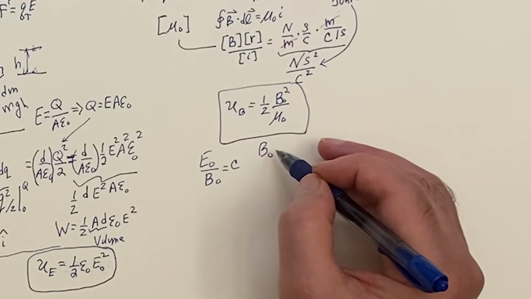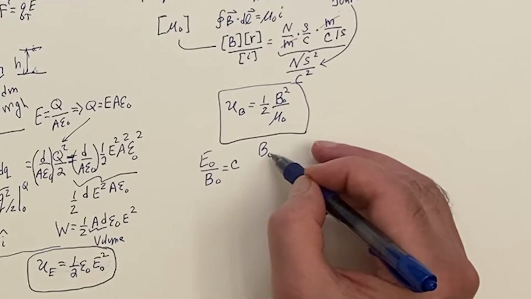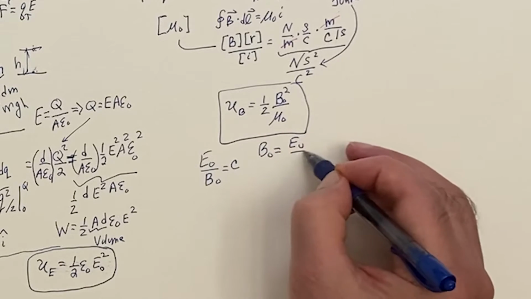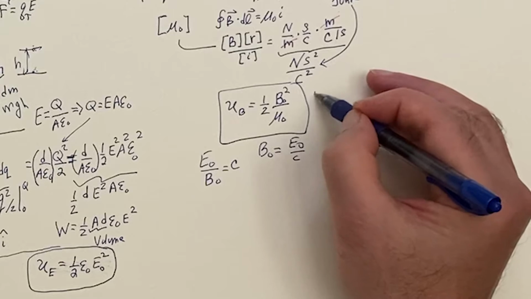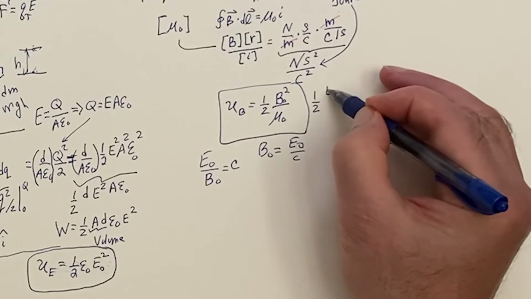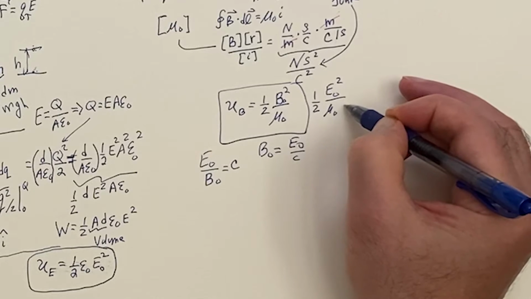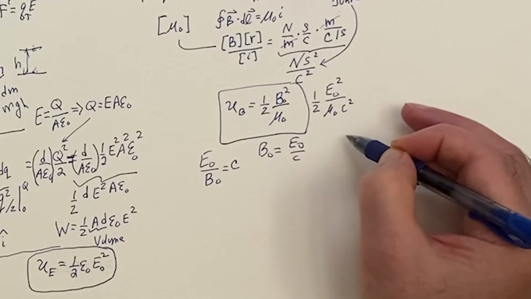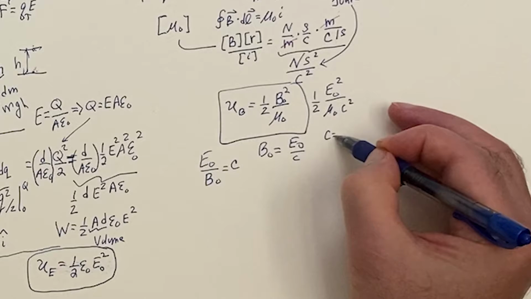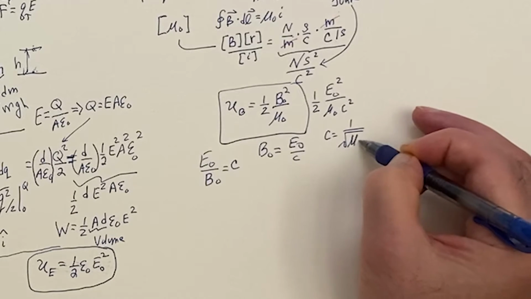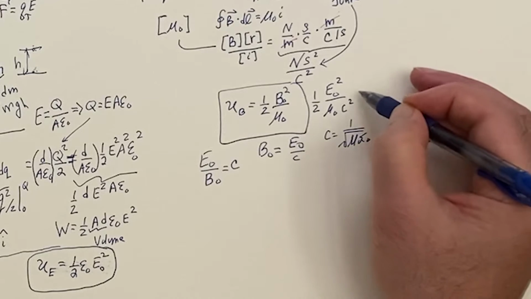We're using that naught there for the amplitudes. So this B naught is E naught divided by C. So that means this is 1/2 E naught squared over mu naught, and there's a C squared down in there. But C is 1 over the square root of mu naught epsilon naught.